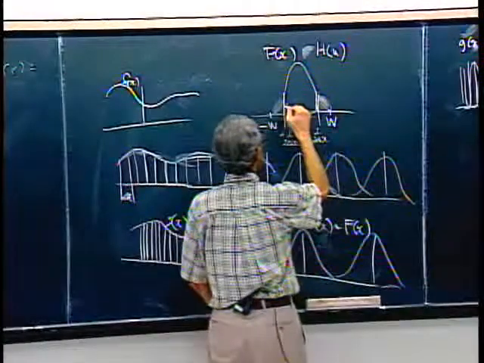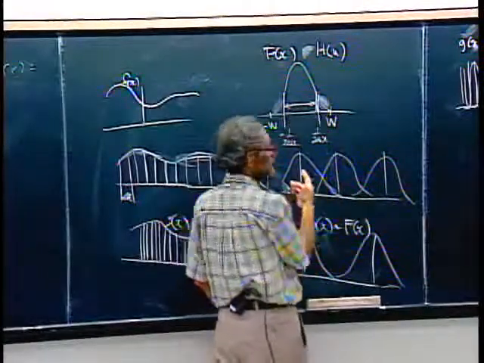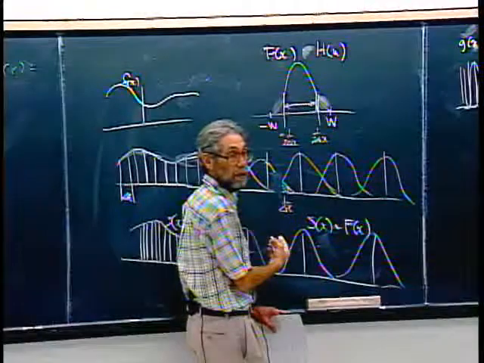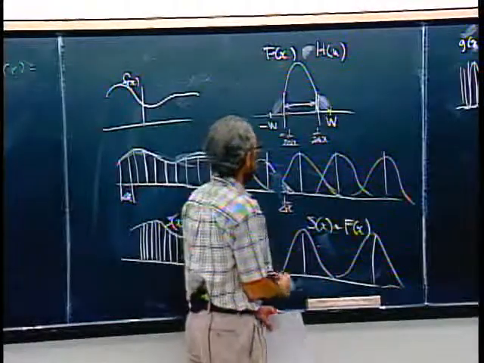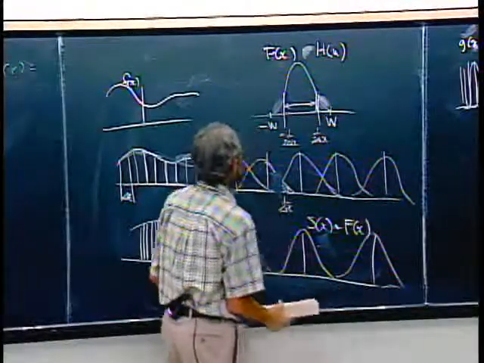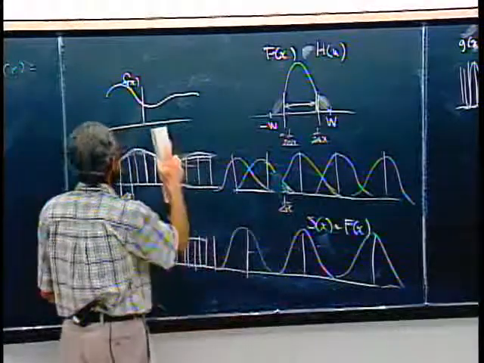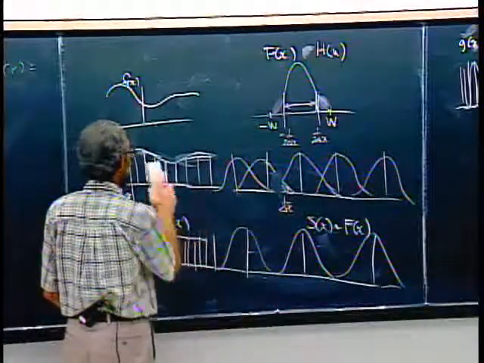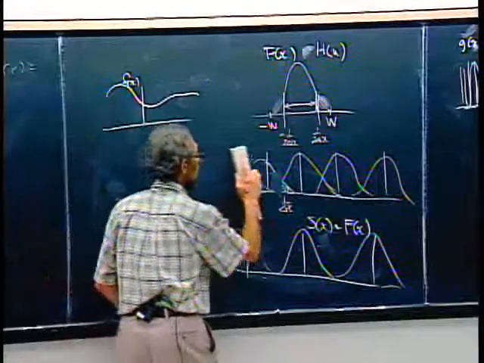So its width is the spacing of these copies. Okay, so to do that, what I have to do is I have to convolve my original, maybe I'll put it over here.